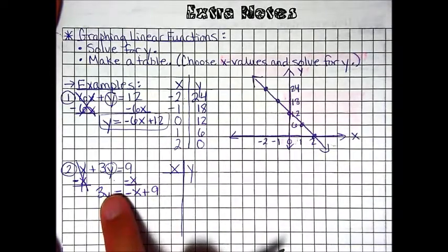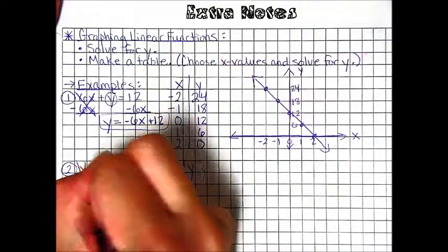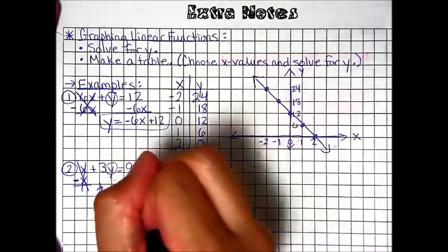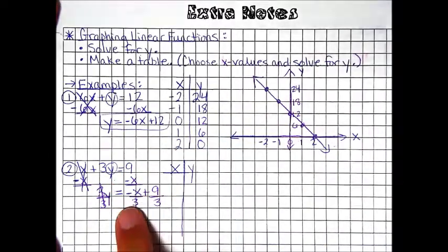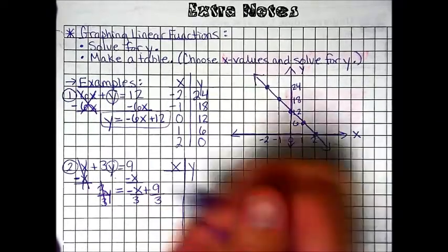The last step for getting y by itself: this currently says 3 times y, so we know that the opposite of multiplying by 3 is dividing by 3. But here's the catch. Now that we need to graph this, I need you to think of this as dividing each term by 3 instead of just putting one big 3 across the bottom.